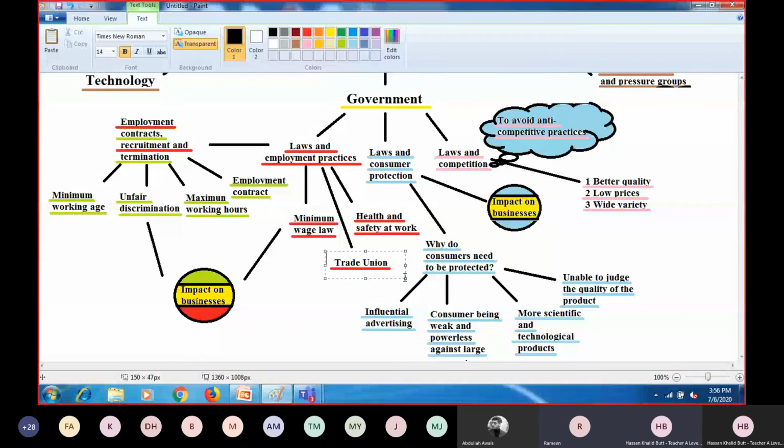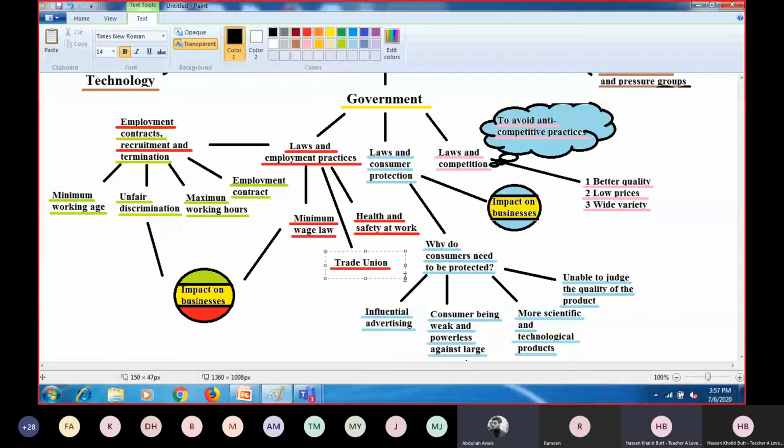Okay, very good. It means they won't be exploited. Salary must be given on time at the end of the month. But what is the impact on business? Sir, the trade union might fight for the employees for a higher wage or fewer working hours, which might increase the cost of the business.